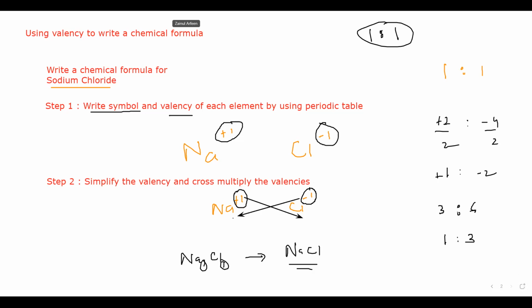Another example. If we want to write the formula for calcium oxide, we want to write a chemical formula.